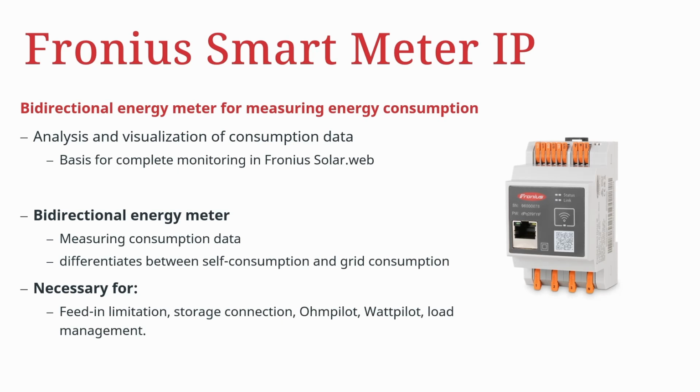And what is the smart meter necessary for? Of course, for topics like a storage connection, an Ohmpilot and Wattpilot, as well as for feed-in limitations and, of course, for load management too.